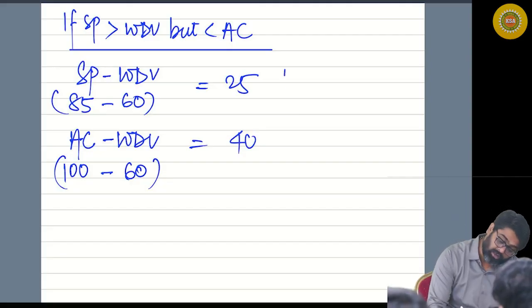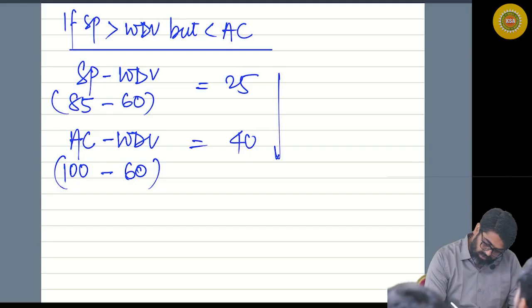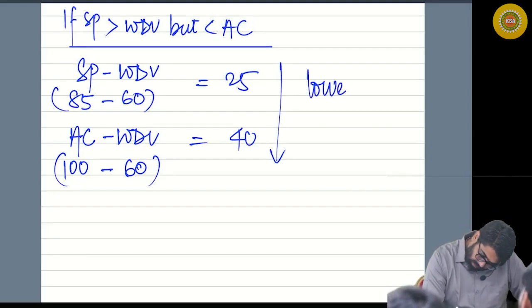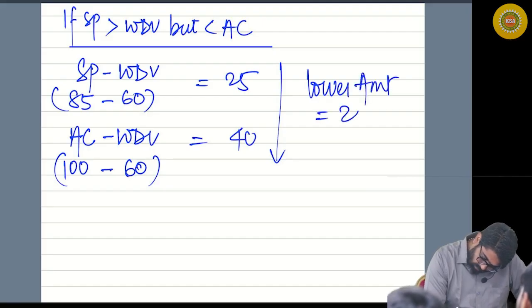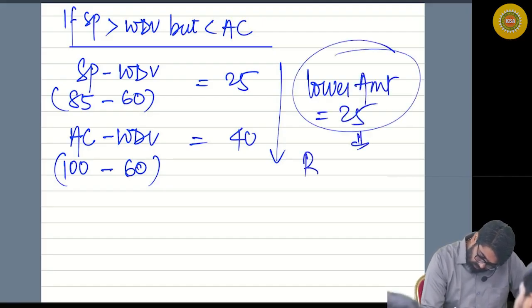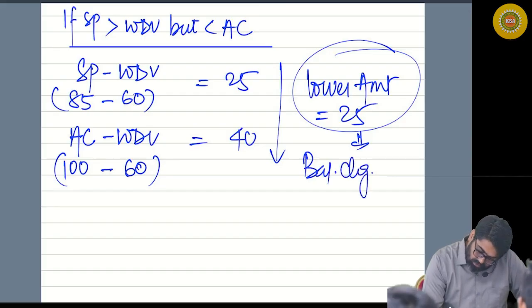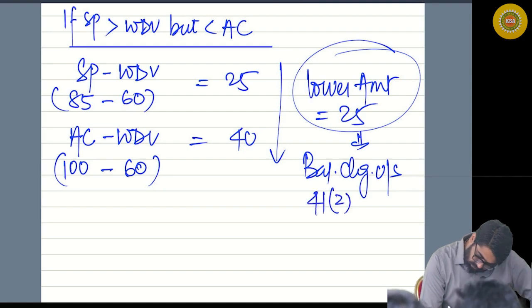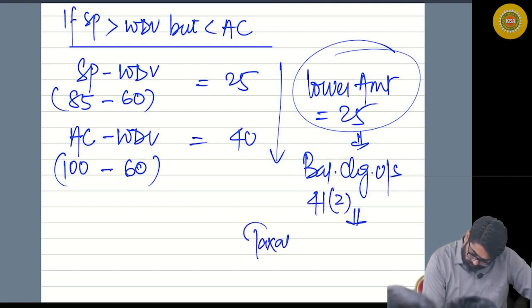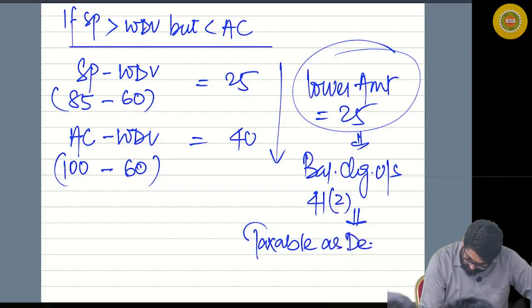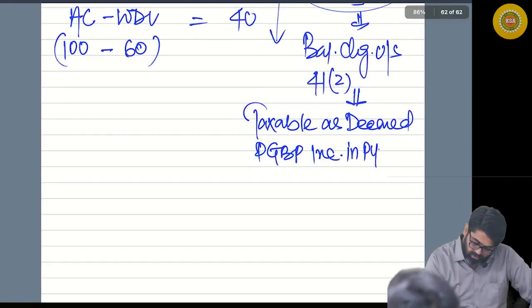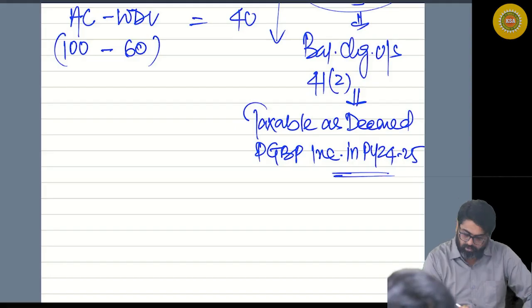Getting my point? So this or this, whichever is lower, amount will be 25. This lower amount will be treated as balancing charge under section 41(2), taxable as deemed PGBP income in previous year 24-25, the year in which the asset is sold.